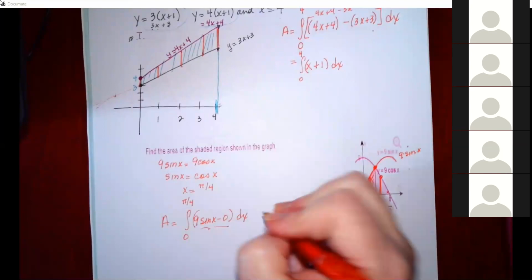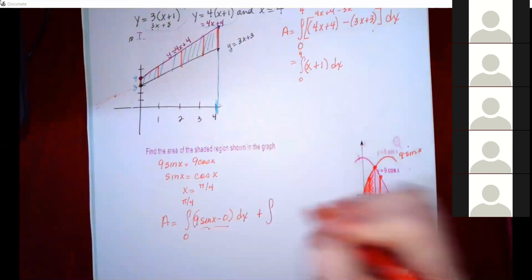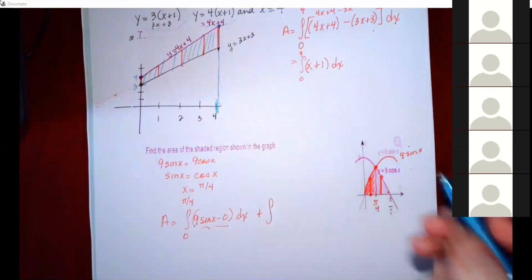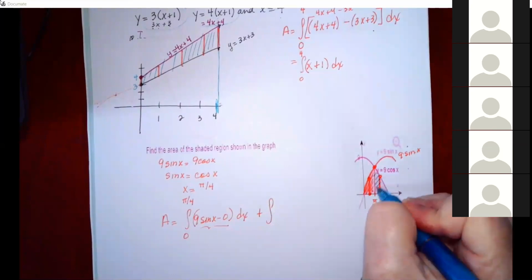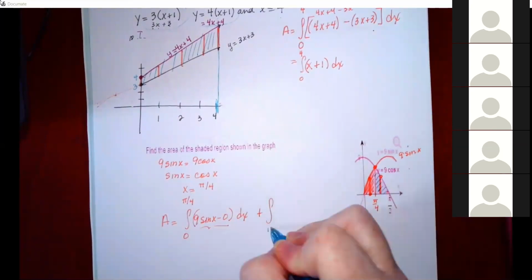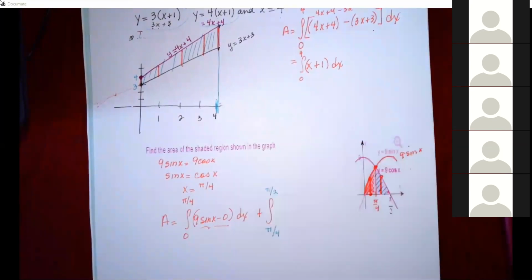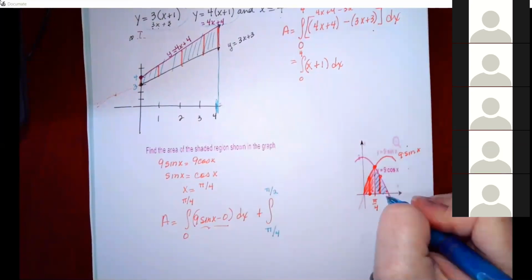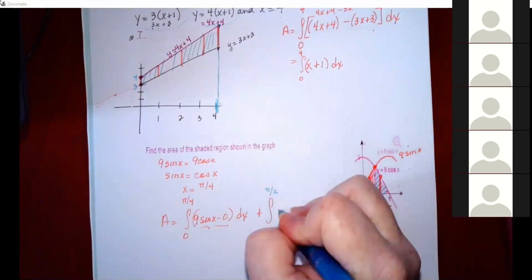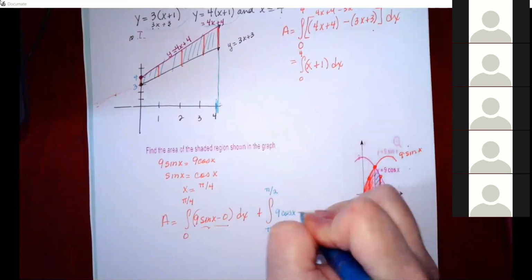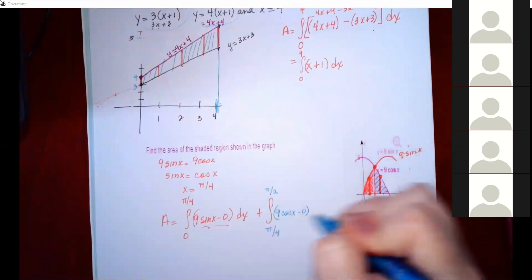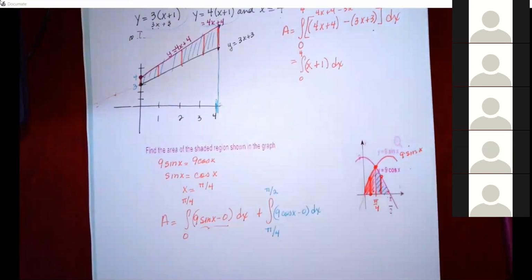And then to that, we will add the area of this part, which will be from pi over 4 to pi over 2. The top graph is 9 cosine x. The bottom graph is 0, and the width is dx.